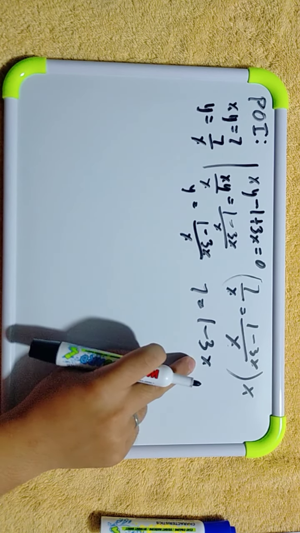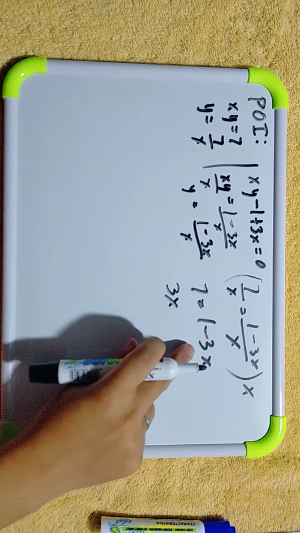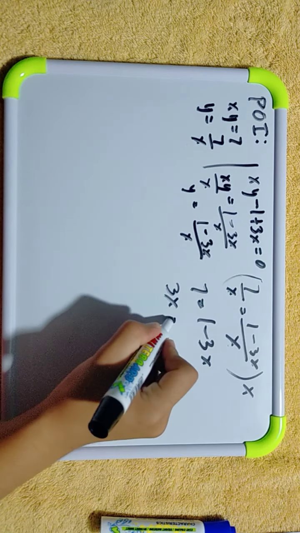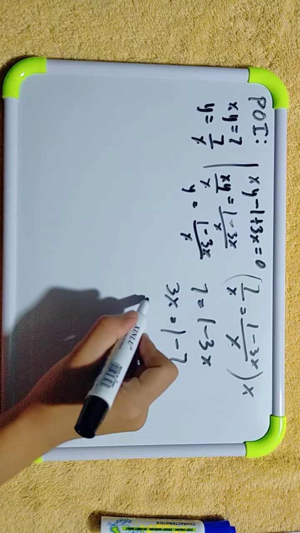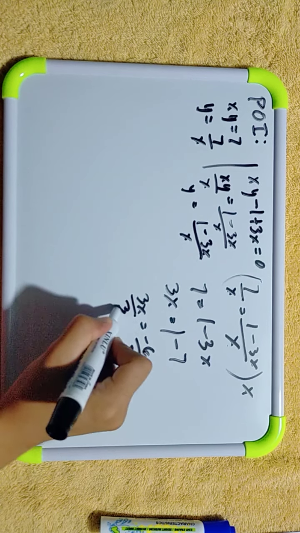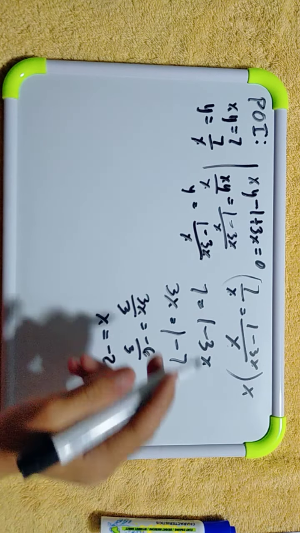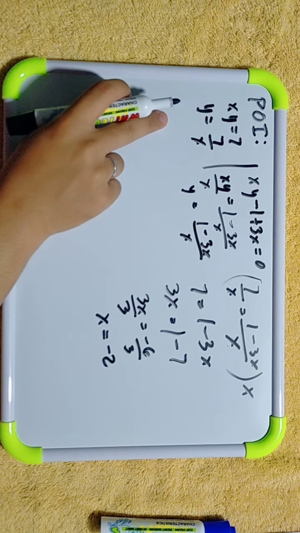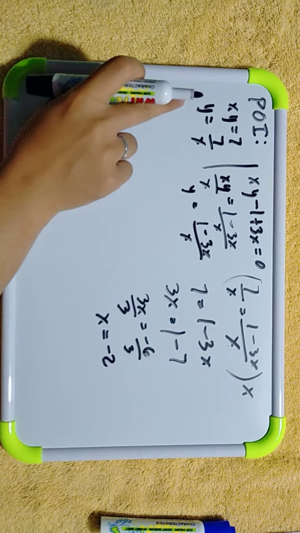And then hanapin na lang natin yung value ni x, which is magiging 3x is equal to 1. Transpose si 7 magiging negative 7. And 3x is equal to negative 6. Divide both sides by 3. So ang x natin is negative 2. And then after that, pwede natin siya i-substitute dito para makuha yung value ni y.